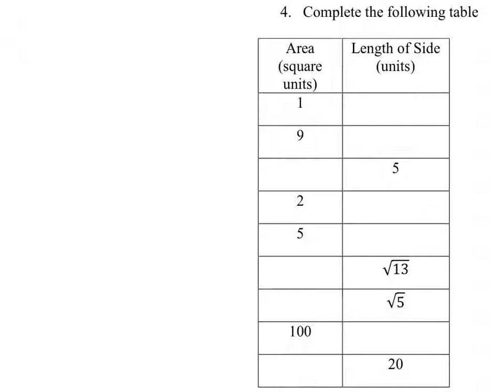For example, if I had a nice square like this one, and the area they gave us is 1, so if I said the area of this square is 1 square unit, then what would be the side length? 1.